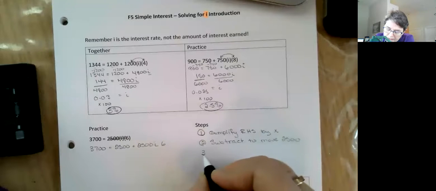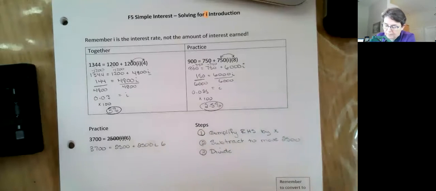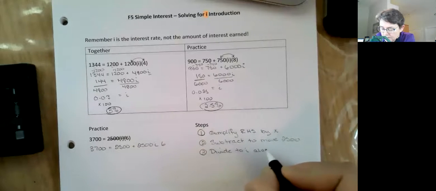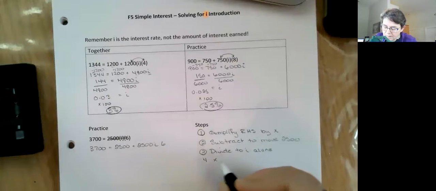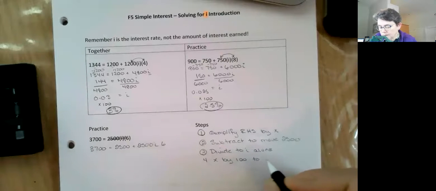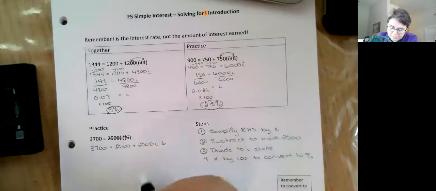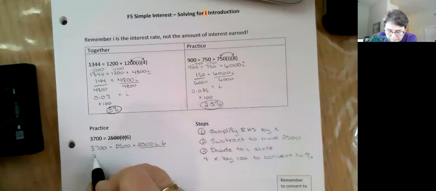And then we're going to divide to get I alone. And then for the extra step, multiply by 100 to convert to percent. All right, so we're going to do these ones.